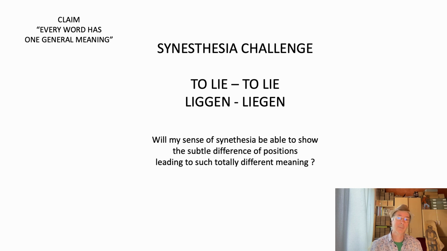You have almost the same words in German, so you have LIGGEN and LIEGEN. There's only a very small difference, but the meanings are completely different. Will this sense of synesthesia be able to show these subtle differences of positions leading to such a totally different meaning? My answer is of course, yes, no problem.